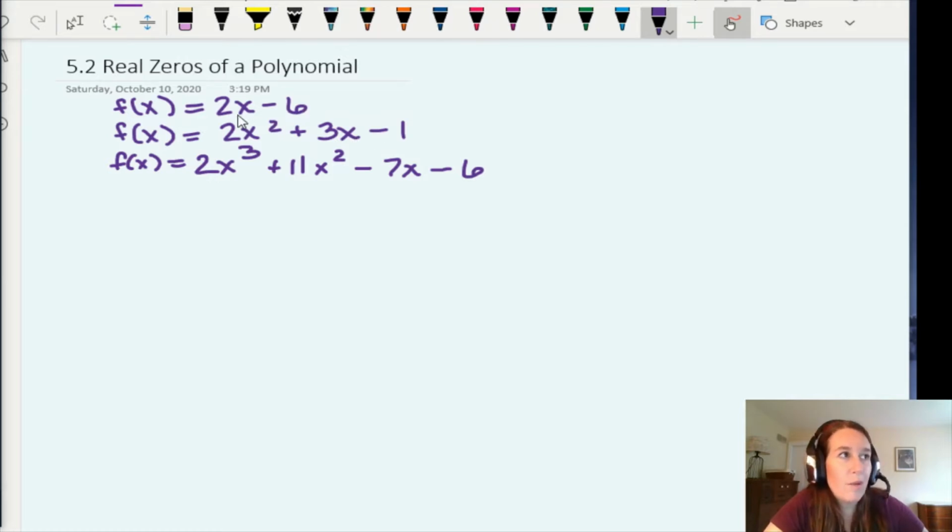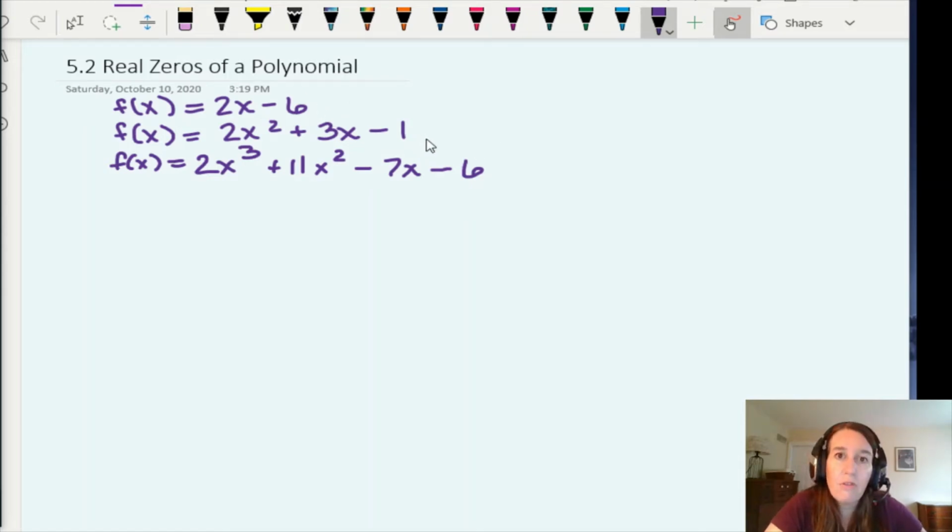For example, if you had a linear function like 2x minus 6, to find the zeros, remember that means setting the function equal to 0 and solving for x. The zeros are also known as the roots of the function, and they are also the x-intercepts, right? So we could set the function equal to 0 and solve for x.